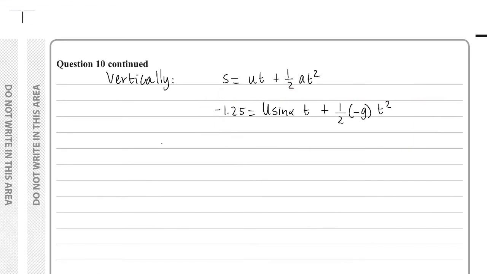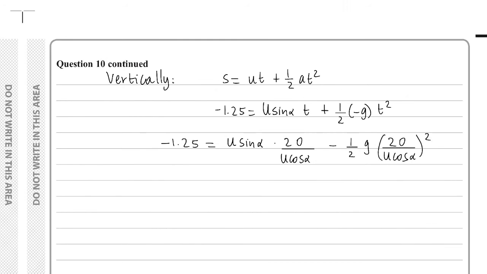This will give me minus 1.25 equals u sine alpha times 20 over u cos alpha minus a half g times (20 over u cos alpha) squared.